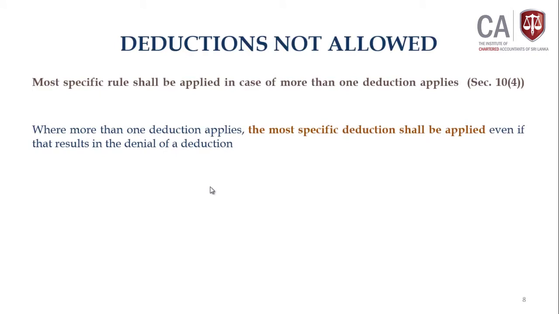So, the important rule here: the most specific rule shall be applied in case more than one deduction applies. That is basically a principle not only in taxation, but in law generally. If there are two different provisions which contradict each other, the question comes, which rule shall be applied?